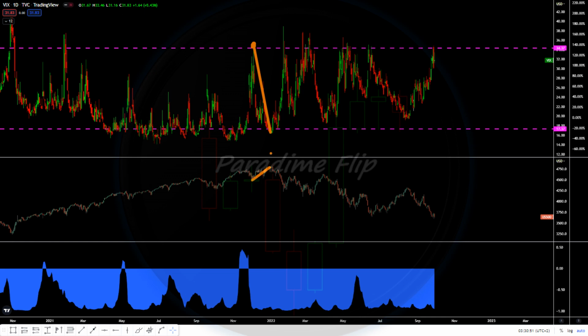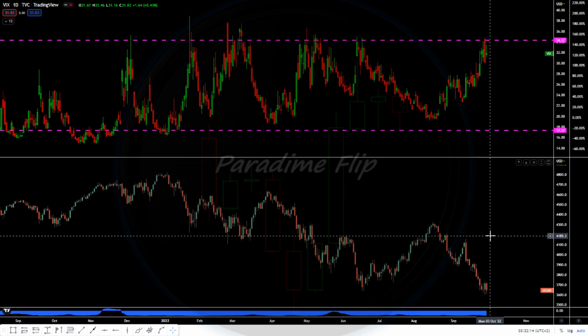Okay, and if I just zoom in here and line up these areas, you'll notice that when we reached the top of the range at this point, we saw a mean reversion on the VIX back to the bottom of the range. And at the same time, the S&P 500 rallied, okay?